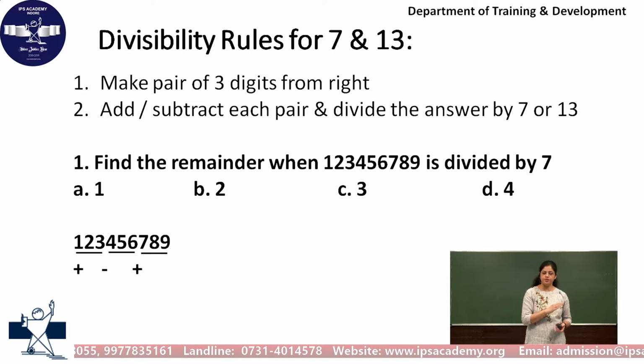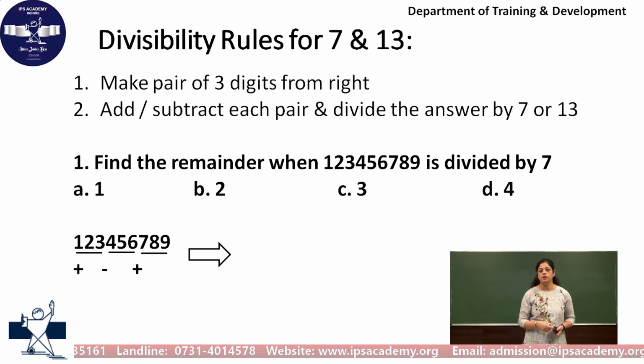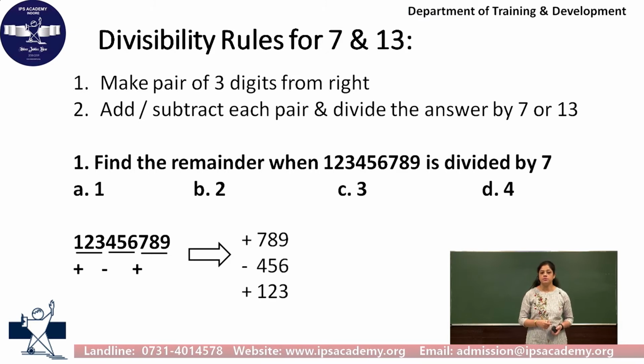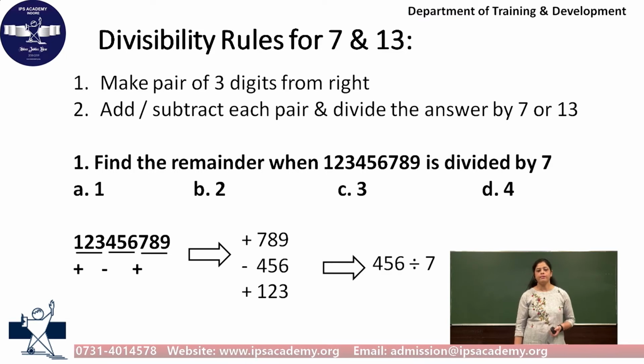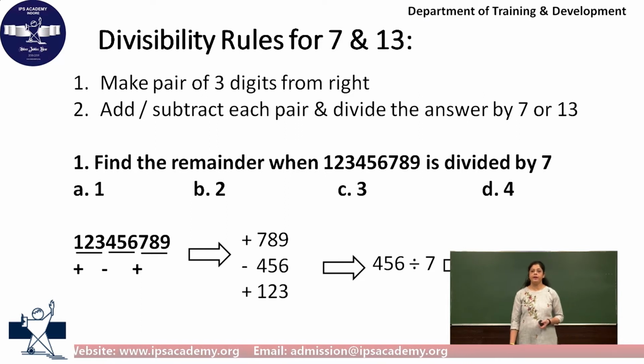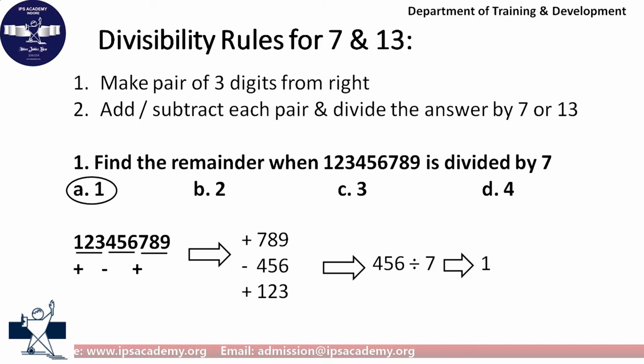First plus, then minus, first plus, then minus. Okay? And then we actually do this arithmetic operation based on their sign. So add the positive numbers, subtract the negative numbers from it, and whatever answer you get, you divide that by 7. So you will get the remainder. You have to see what remainder you are getting.